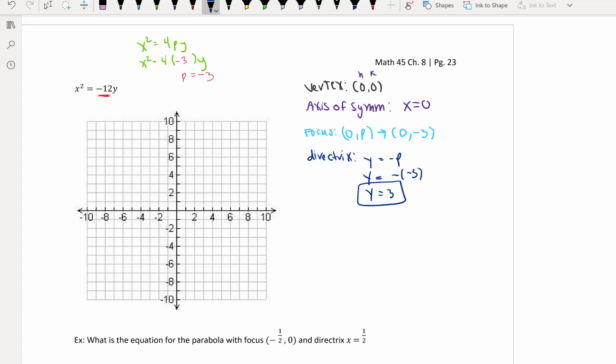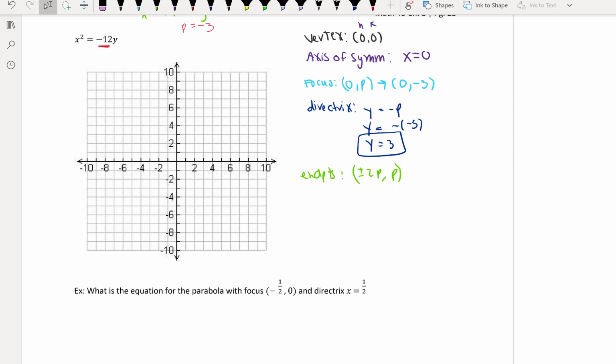And the last thing that I'm going to want is my endpoints. For my endpoints, I'm going to have plus or minus 2p, comma, p. So when I plug that into my equation, I have plus or minus 2 times my p-value, which is negative 3, comma, that p-value of negative 3.